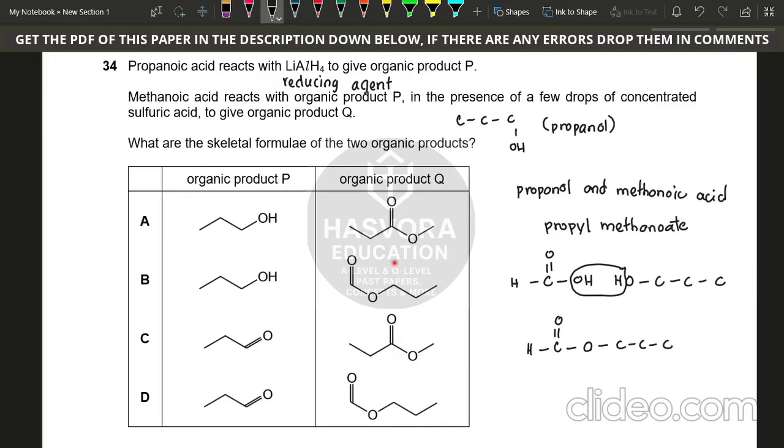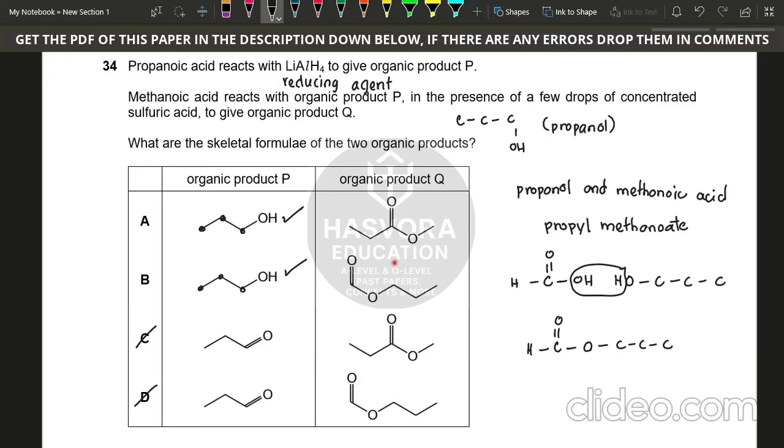Let's see which structure matches this one. For the organic product P it should be propanol, so 3 carbons, 1, 2 and 3, and we should have OH. These two seem correct because in the third one we have the double bond O, so that is not correct. Let's see for the organic product Q, which is your ester.